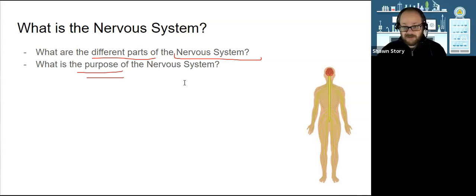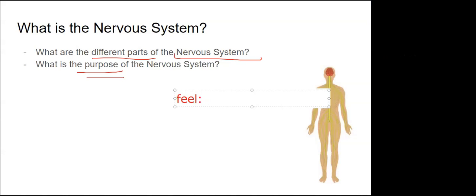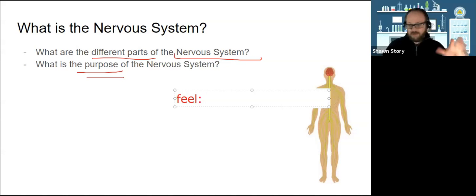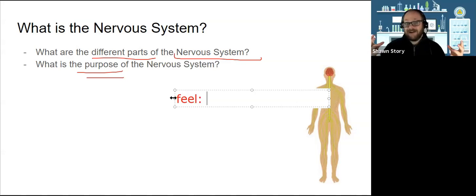Yep, those sensations, right? And what can we feel? Pain. Yep, so physical things like hot, cold, pain. Physical, emotional. Emotional too, and all that's happening in your brain, right? This is something that in history we didn't know, because a lot of times people thought the heart is where you feel all those emotions.